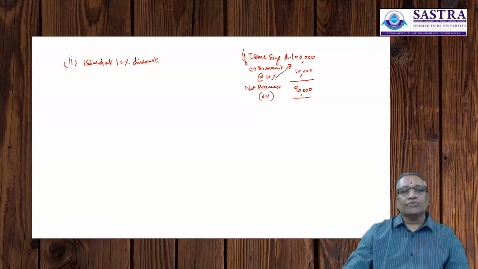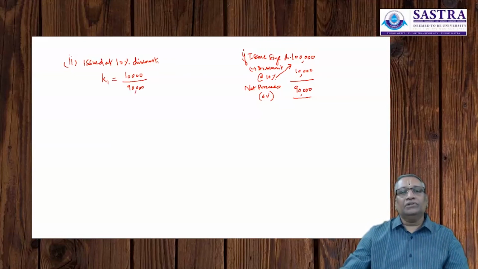for net proceeds of 90,000. In that case, Ki, that is the before tax cost of debt, will be I, which is 10,000, divided by SV, which is 90,000. 90,000 is the net proceeds because you issue debt at 10% discount.